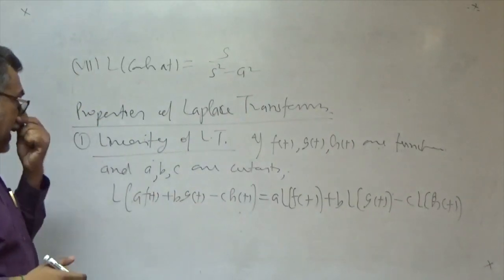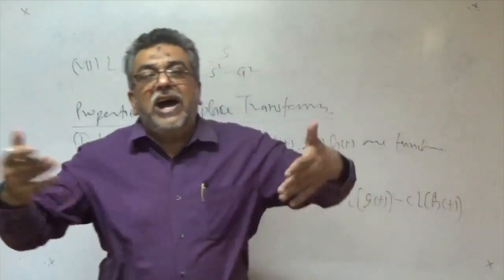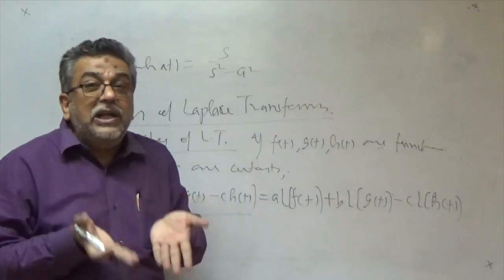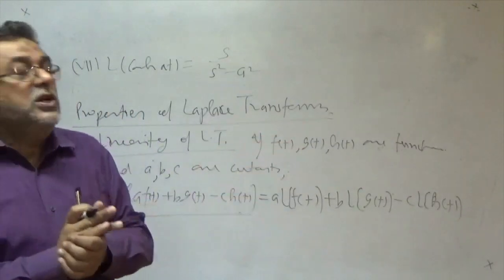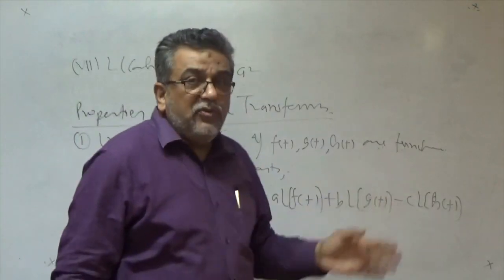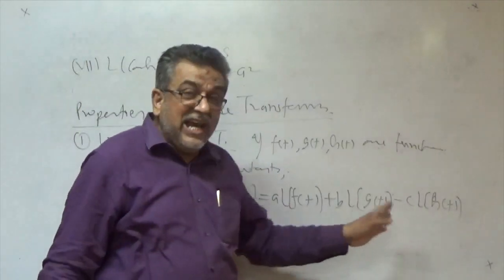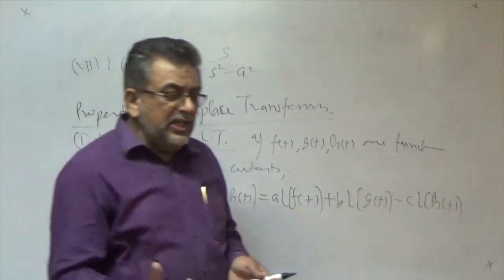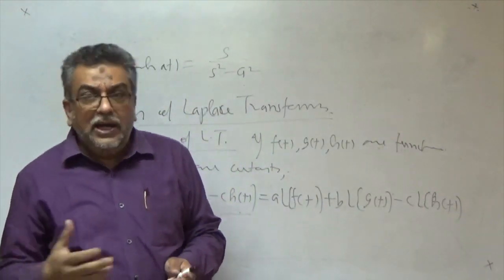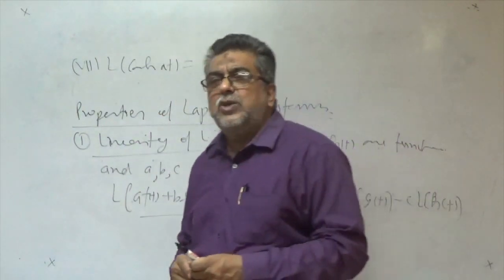Actually, basic concept is that if we have a linear expression in various functions and various constants, and we have to calculate the Laplace transform of that expression, then we can take the constants and signs outside the calculation of the Laplace transform. And now Laplace transform you can calculate this. So this is the property actually.